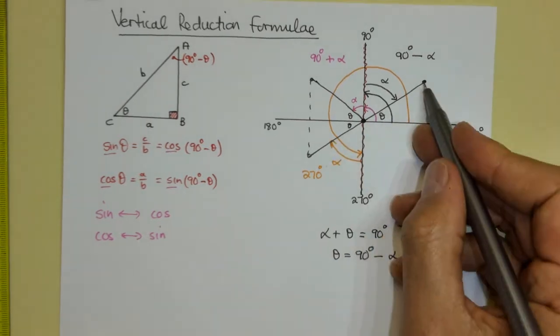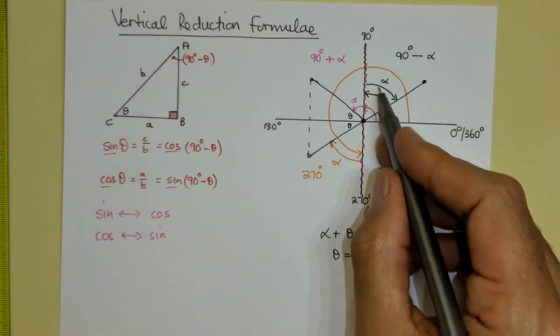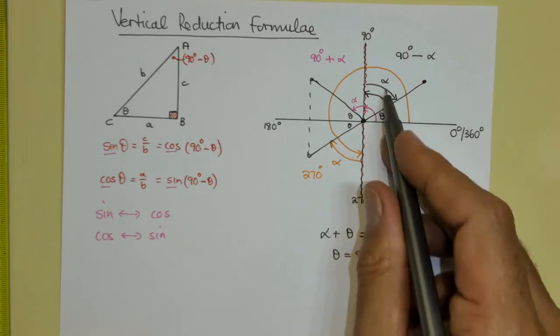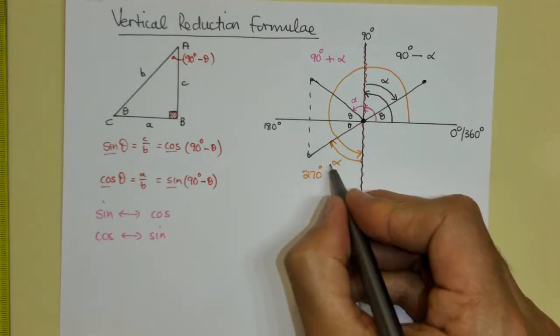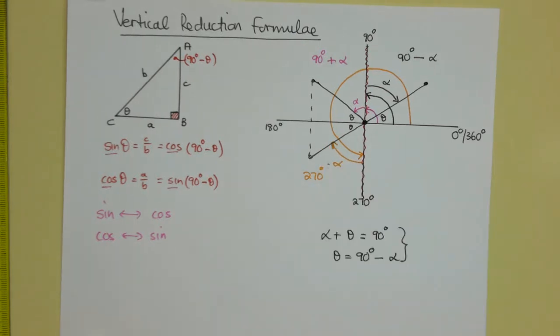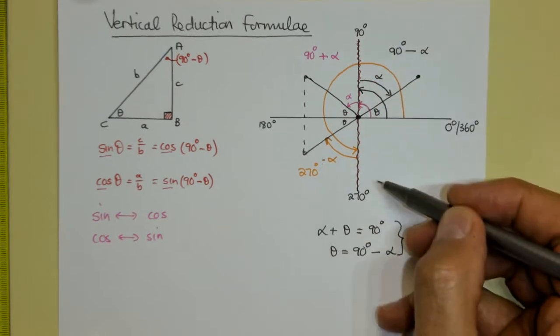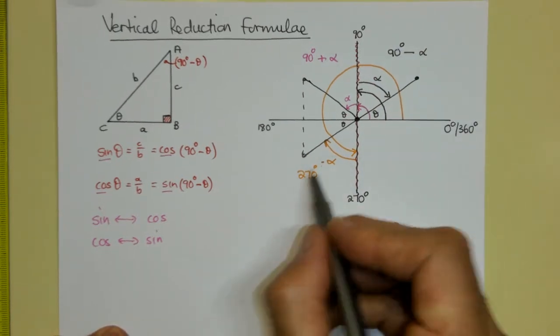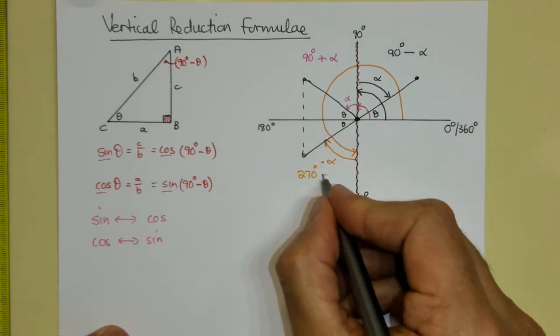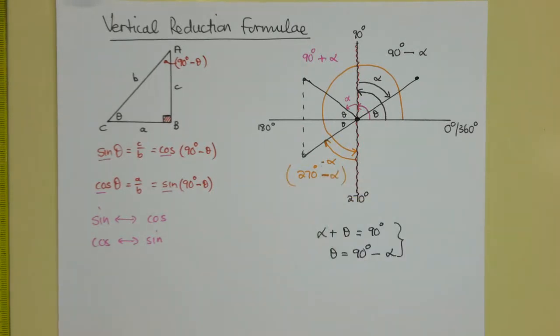Why alpha? Well, geometry tells you those two lines are straight and they intersect at that point, so the vertically opposite angles are equal. But this is in a negative direction. So if I want to express in terms of the vertical line, express my angles in the third quadrant, I express them as 270 minus alpha.